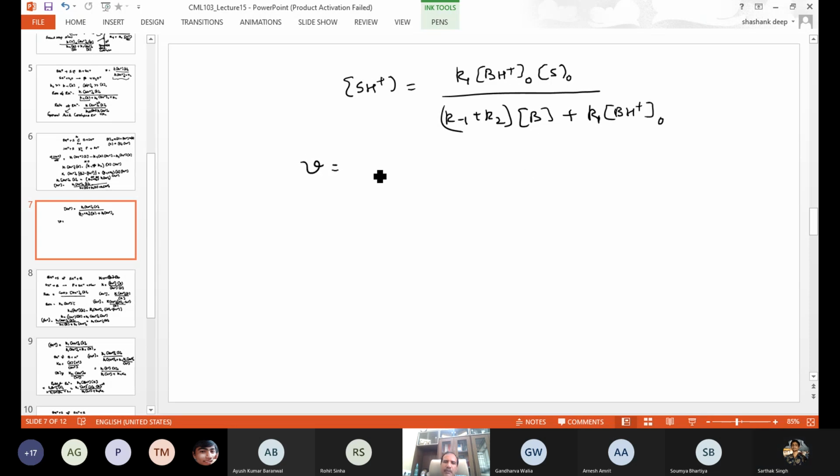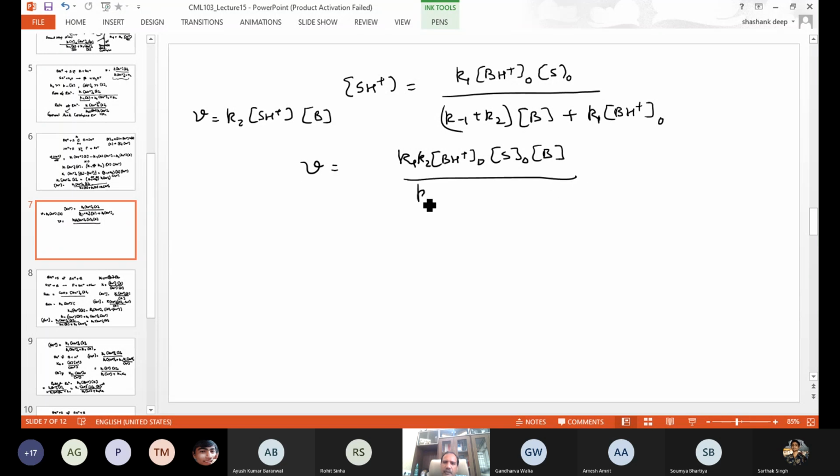And so V will be what? K1 K2 BH plus naught S naught into B, over K minus 1 plus K2 into B plus K1 BH plus naught. Because V is equal to K2 into SH plus into B. Am I right? So that's what I am trying to write.